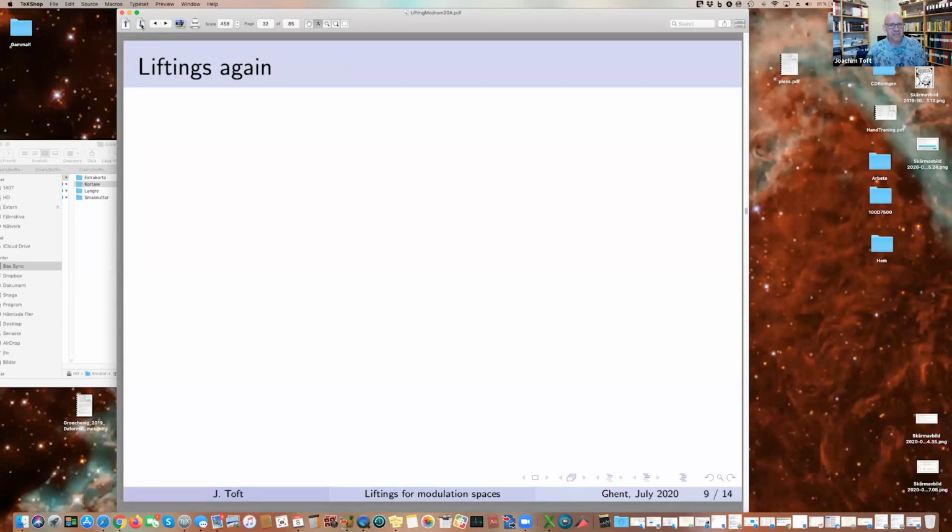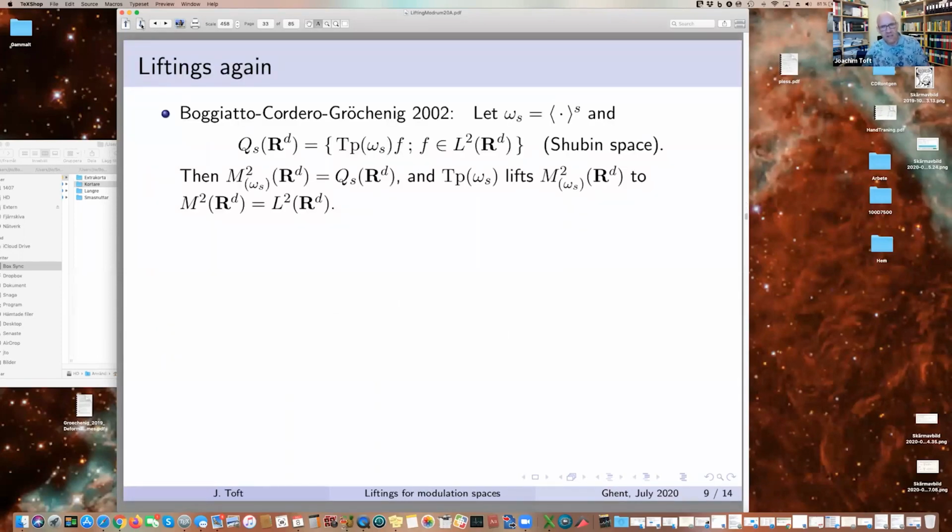So liftings again. We start with the classical results from 2002, where Boggiatto, Cordero, and Gröchenig considered Toeplitz operators with symbols of this bracket function here. Notice that this omega_s depends both on x and xi, so it takes variables on the phase space.